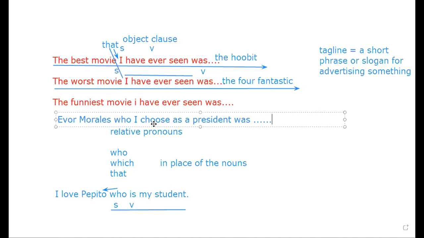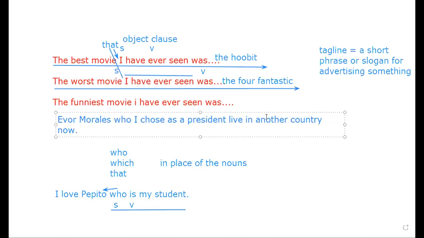Evo Morales, who I, in this case, chose. Past. Evo Morales, who I chose as a president, lives in another country. Now we can say, or is living. Yes, that. Okay. Look at Evo Morales, who I chose as a president.